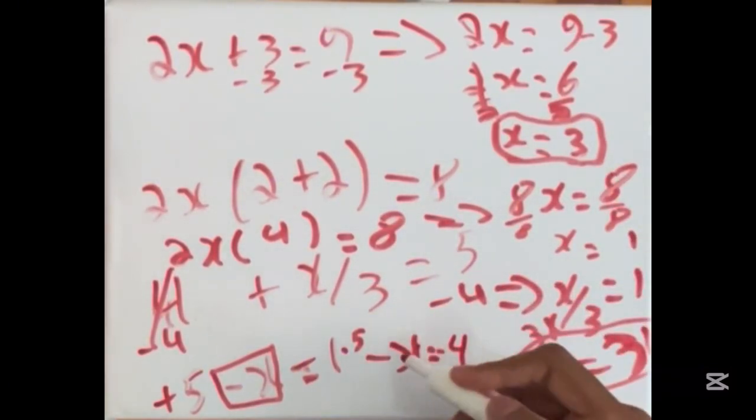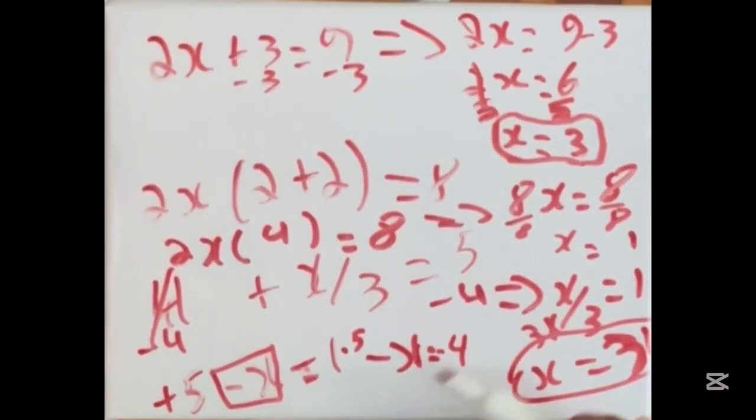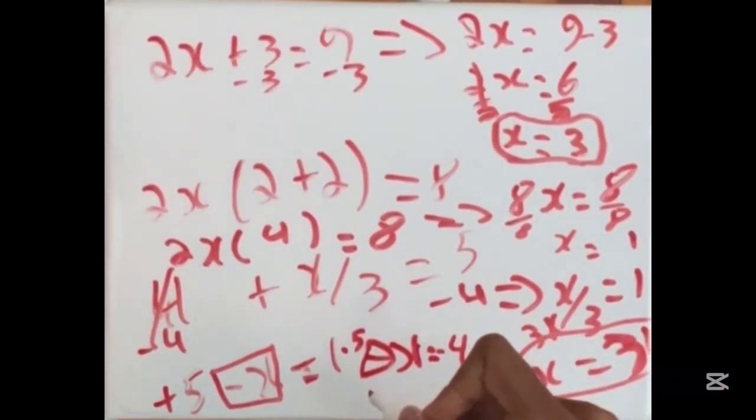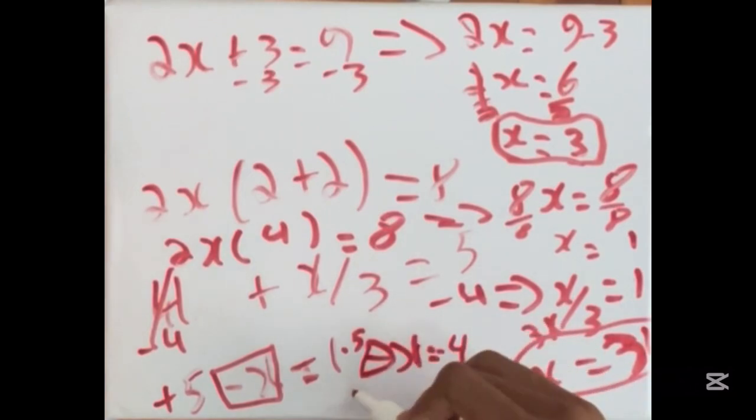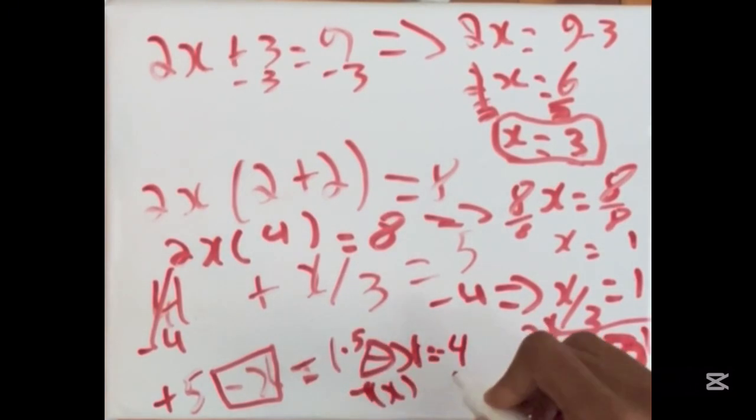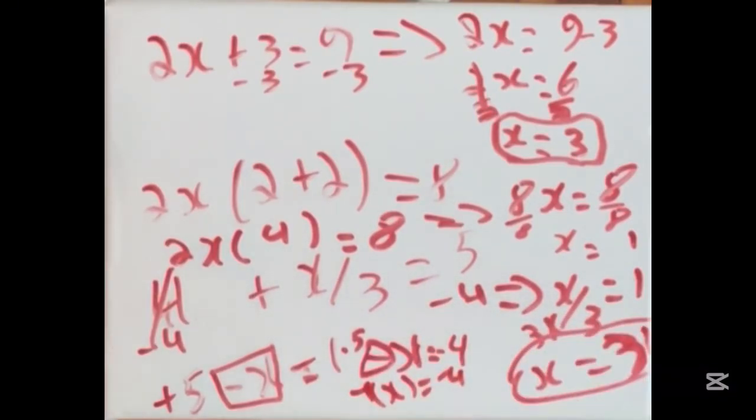So here you're probably wondering, how do I get rid of this minus sign? There is an easy way to get rid of it. Negative x is basically negative 1 times x, right? So negative 1 times x equals negative 4, right?